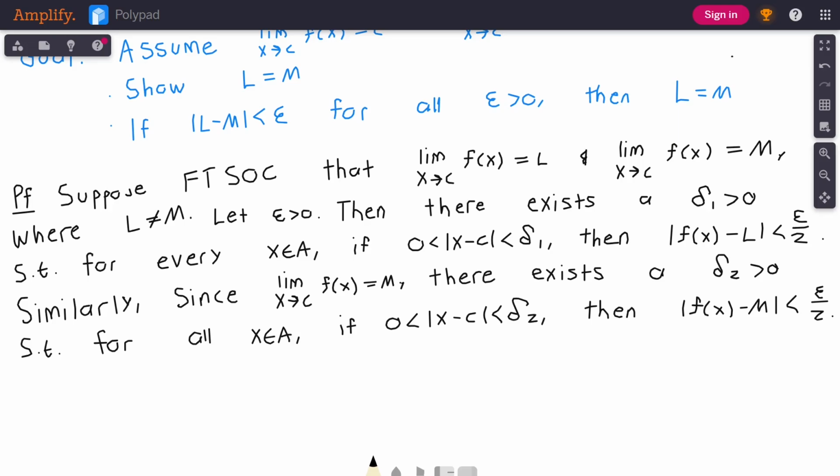Okay, so we just supposed that these limits existed, and then we just applied the definition of the limit.